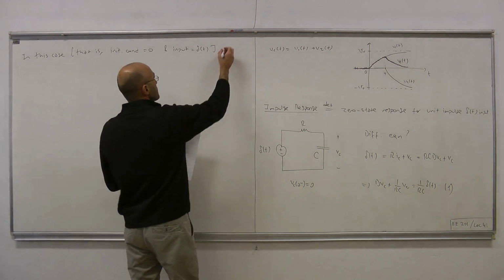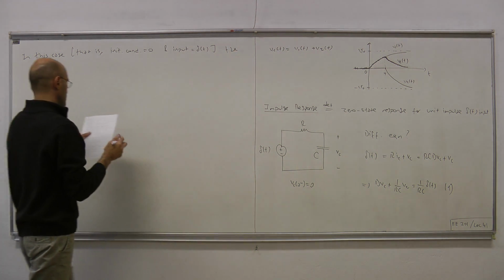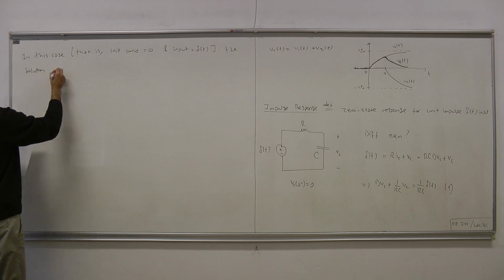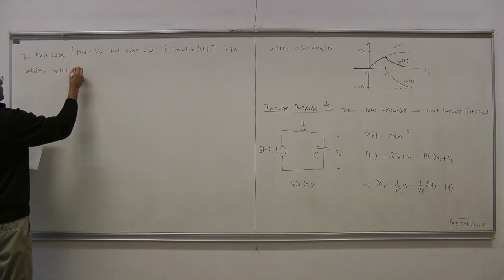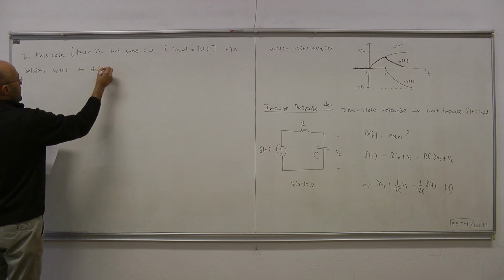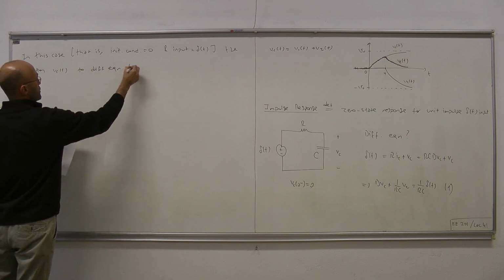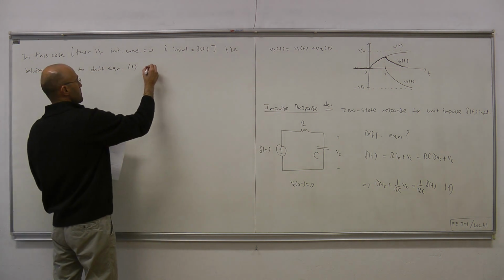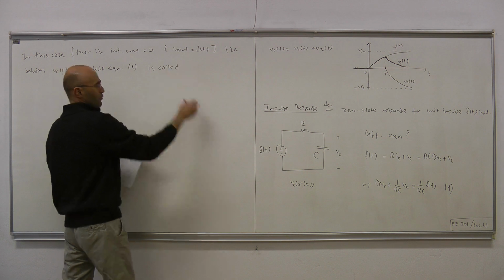The solution Vc(t) to the differential equation that we just obtained, equation 1, is called impulse response for this circuit.